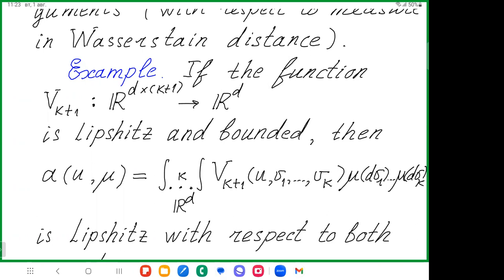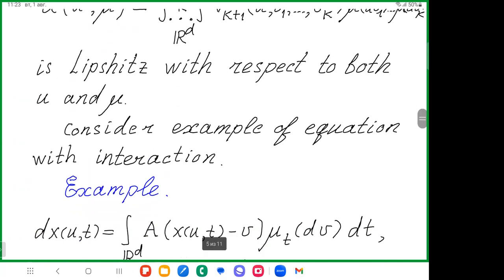This is what I wanted to say in this lecture, but let me say what we will do further. You see these coefficients, and you see this example.